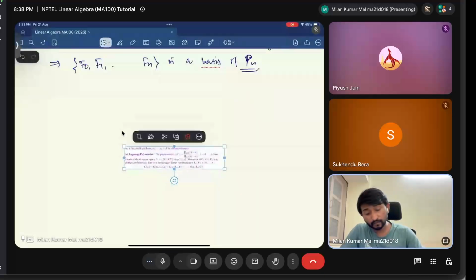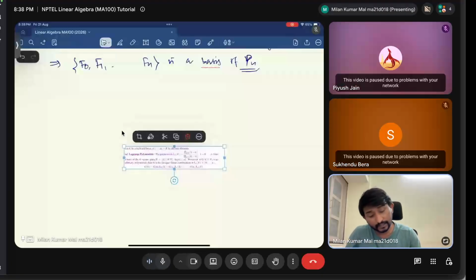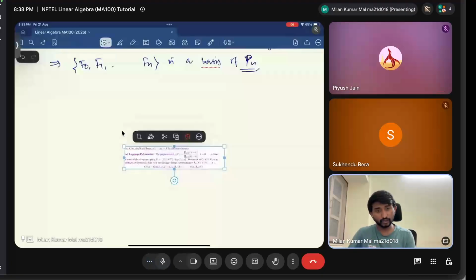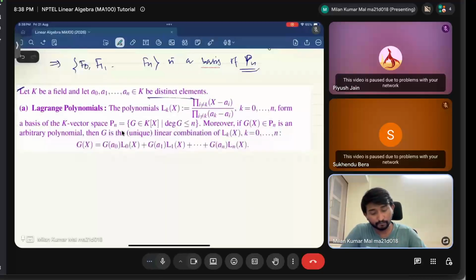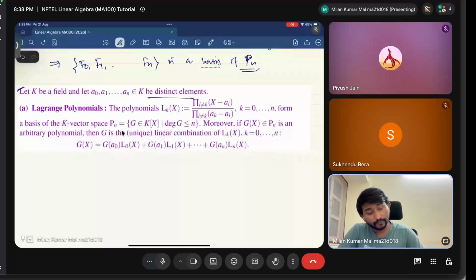So this is the problem. What it says: let K be a field and let a naught, a1, an be distinct elements. You can compare it with the previous questions, Lagrange's polynomial. Instead of Fk there was Fk, right? Here you consider Lk instead of Fk for k equals 0 to n.